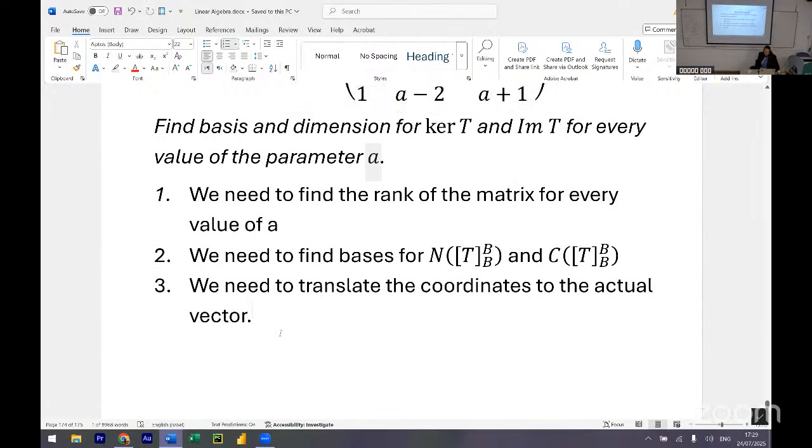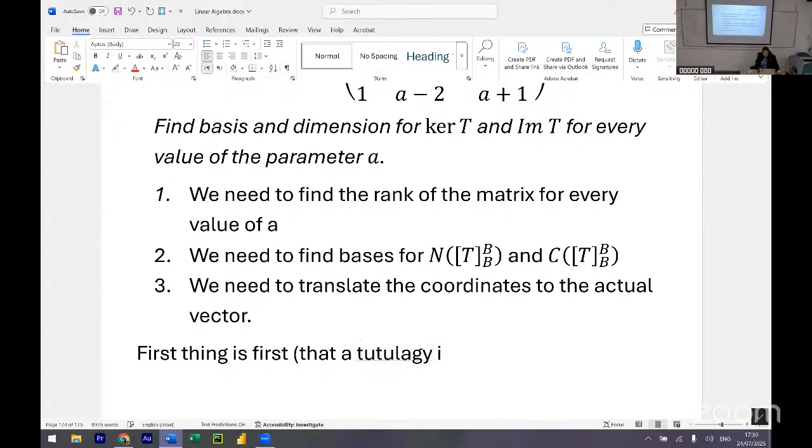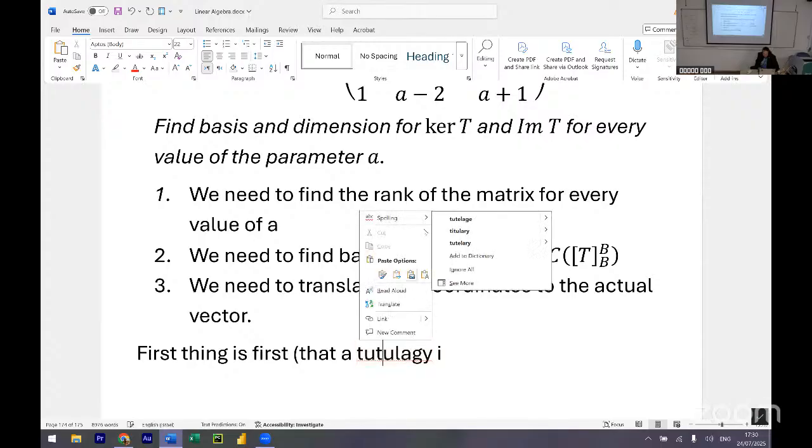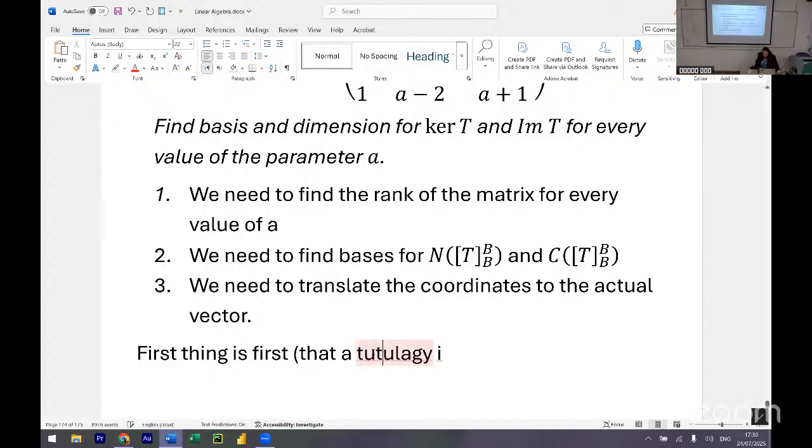So let's start with the first. First thing is first. That's what first means, tautology, I think. How do I write tautology? T-A-U-T.